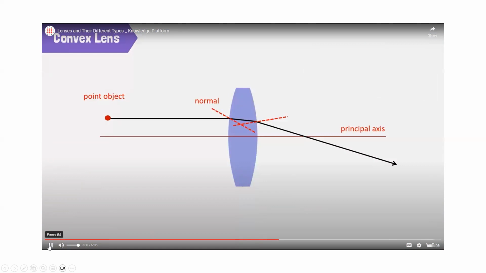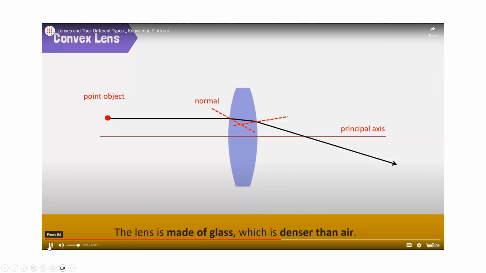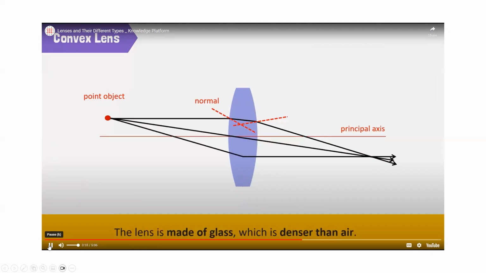This is because the lens is made of glass, which is denser than air, and this is how the light ray is refracted by a convex lens. Here, we are only showing one ray. In reality, the object will emit many rays of light. All these rays will be refracted in the same way after striking the lens.